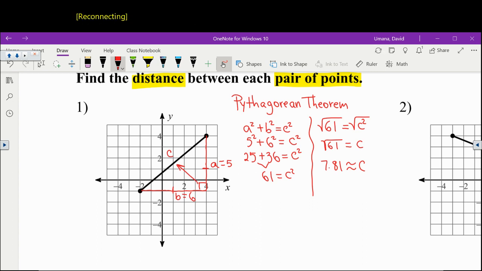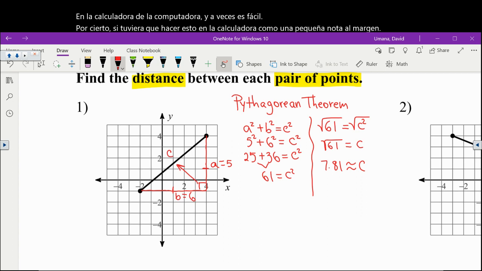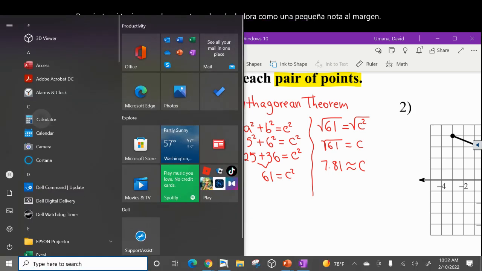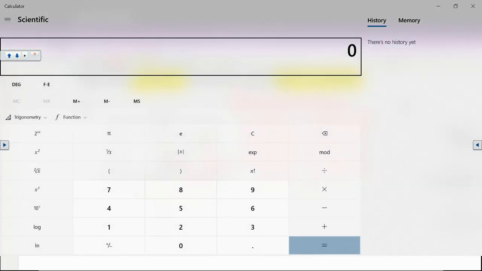Those who are doing things on the computer, you can do the calculator on the computer, and it's sometimes easier. By the way, if I were to do this on the calculator, just as a little side note, let's see if it lets me. If I do this on the calculator, this is kind of the symbol I'm looking for.